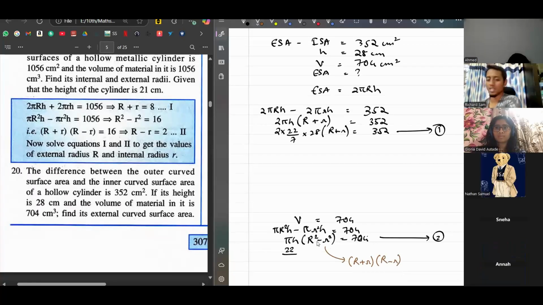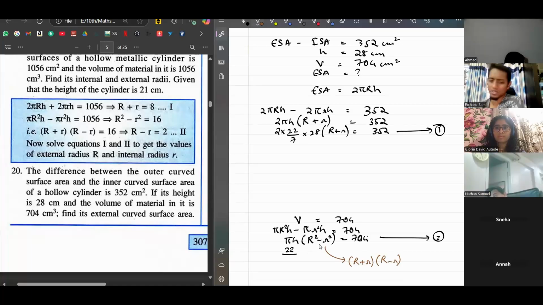A square minus b square is a plus b into a minus b. See now, in this we'll get capital R plus small r, that is this one. Somehow you'll be able to find both, or simultaneously you'll have to solve both and find it, okay? Okay, just tell me what to do here.